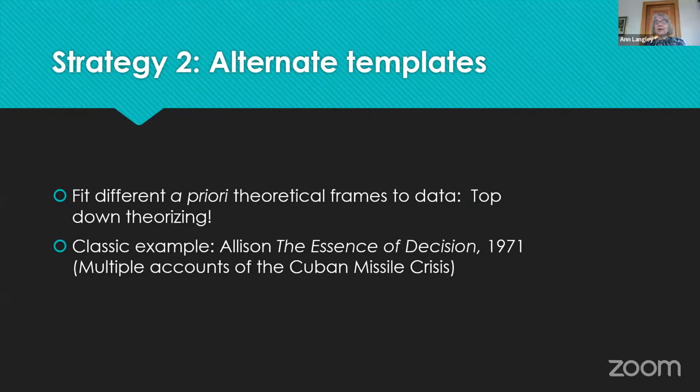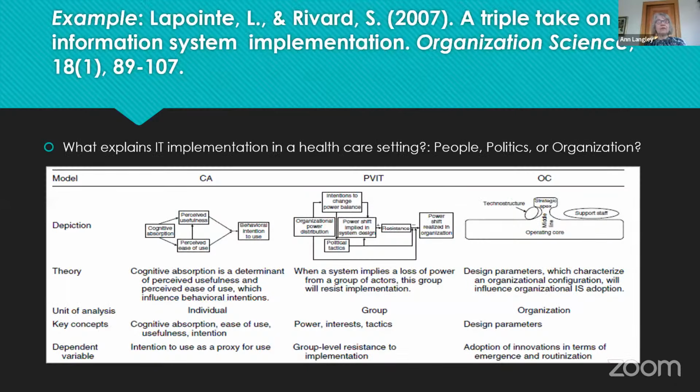I have an example here of a single paper where they looked at three different frameworks, in Organization Science. It was by two colleagues of mine in Montreal, Suzanne Rivard, at HEC Montreal, and Liette Lapointe, at McGill. They studied the implementation of computer systems in hospitals, and they considered three different theoretical models for understanding that.